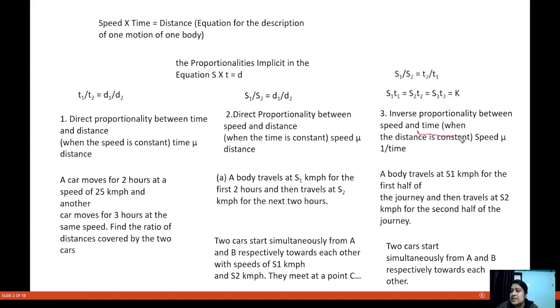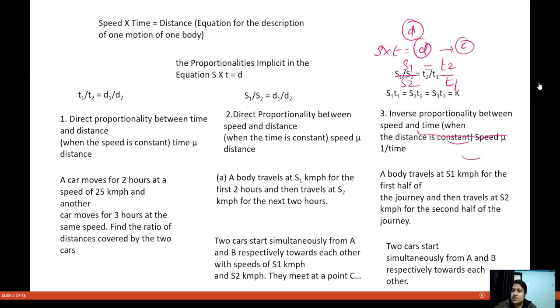Okay, fine. Now let us look at the third condition. The third condition is inverse proportionality between speed and time. If distance is kept constant, we have speed into time equals distance. Now we keep this distance constant, so S1 divided by S2 will give you T2 divided by T1, or time 2 divided by time 1. Now see where this will be applicable.